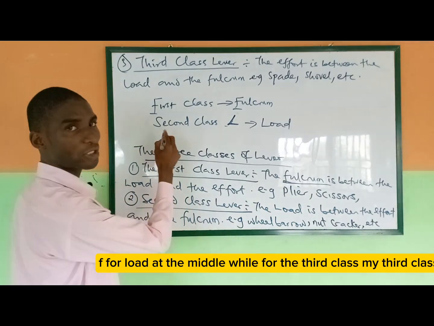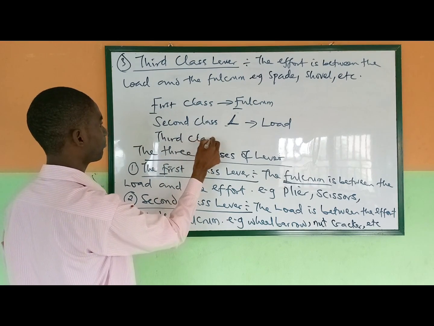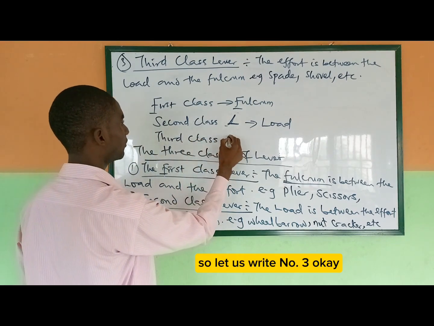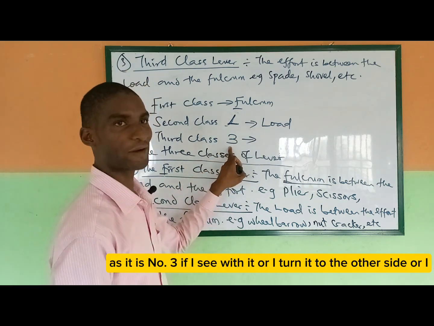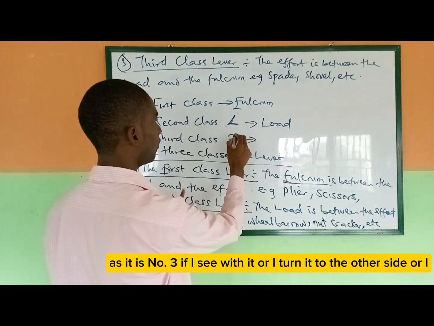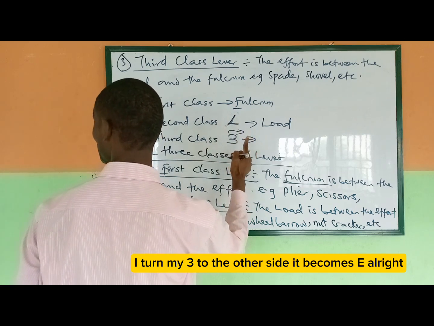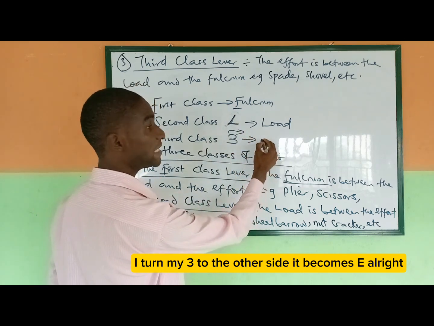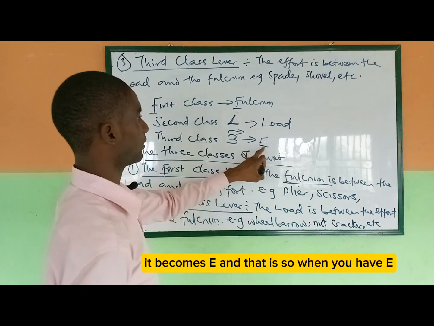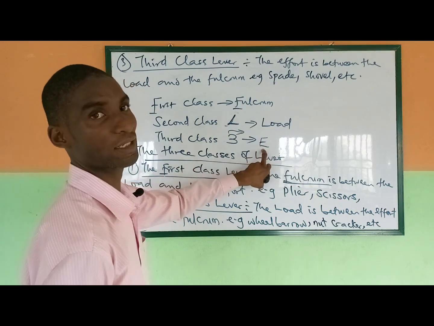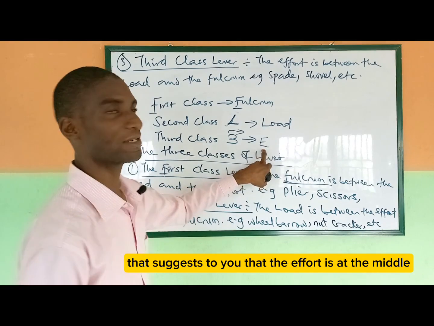While for the third class, let us write number 3. Okay, can you see this number 3? If I tilt it, or I turn my 3 to the other side, it becomes E. And so when you have E, that suggests to you that the effort is at the middle.